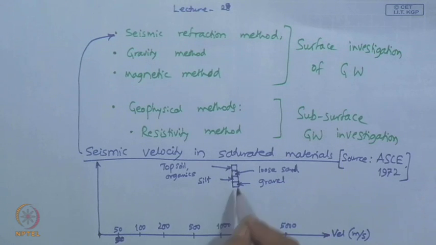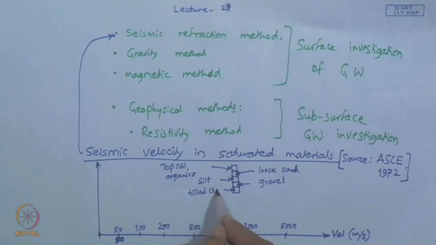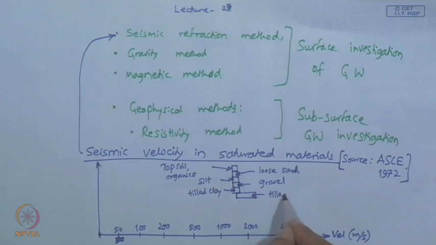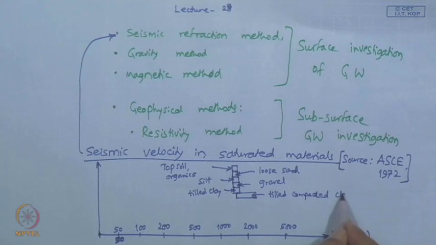And followed by tilled clay. This compacted tilled clay will have a slightly higher range, and its higher range exceeds 2000, then followed by sandstone.